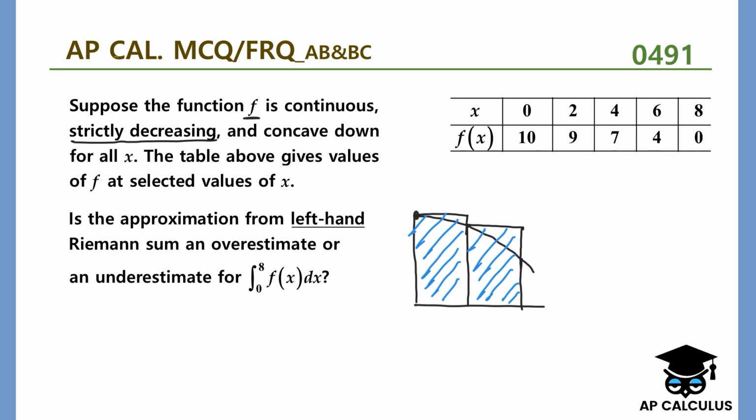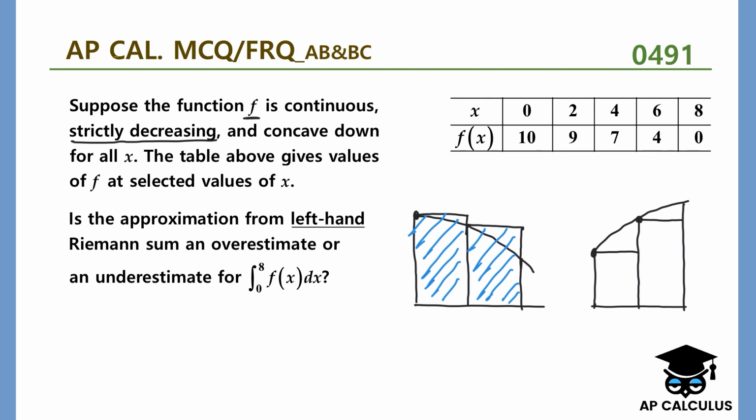What if the function is increasing? Let's draw another function, an increasing function like that. If we have two subintervals like that, and let's draw the rectangle from the left-hand side, from here to here, here to here.